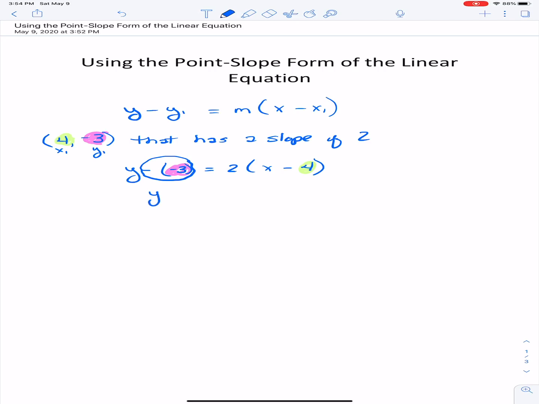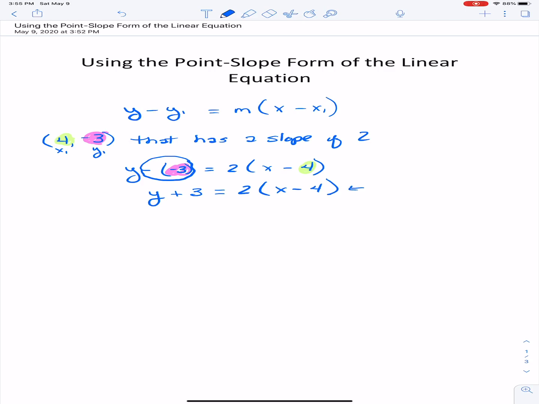A negative and a negative gives us a positive, so we end up with y plus 3 equals 2 times x minus 4. Now, you want to stop and you want to leave this equation just like this unless you are told to do so. In this particular case, we want to leave our equation in the point-slope form.